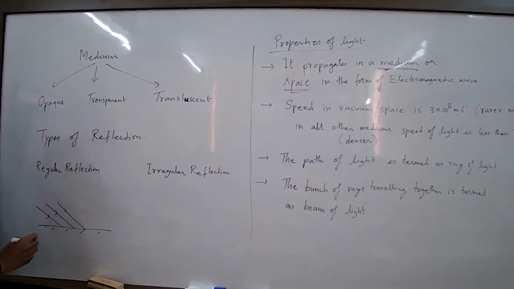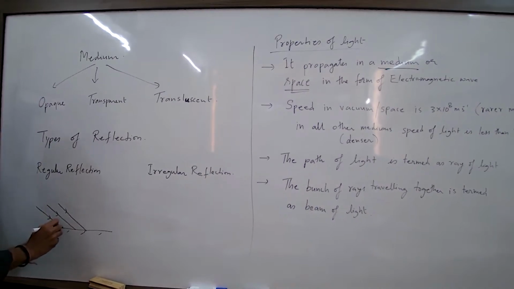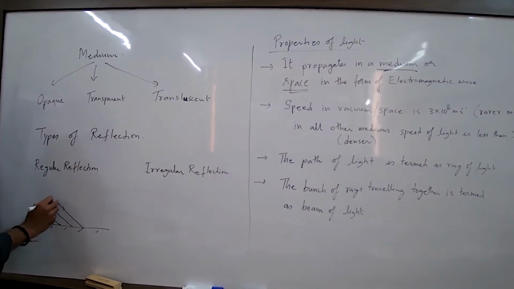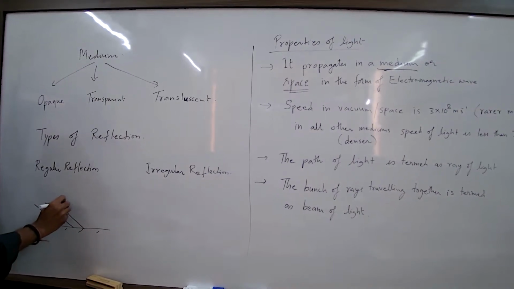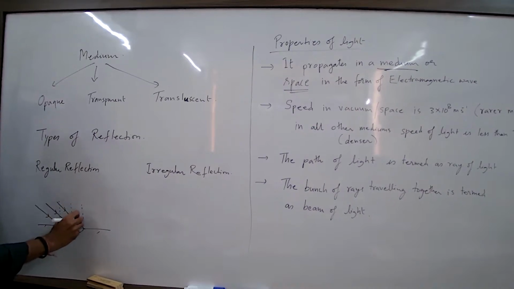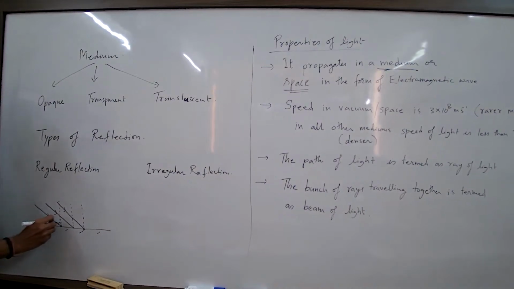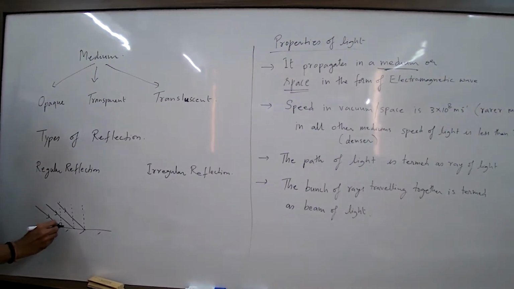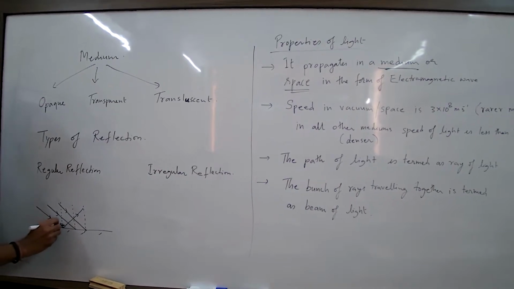To draw the reflected ray, what you need is an imaginary line. So this is the point of incidence. You draw a perpendicular. All the imaginary lines have to be dotted. Then you have to apply the law of reflection, which says the angle of incidence is equal to the angle of reflection. So this angle is equal to this angle.